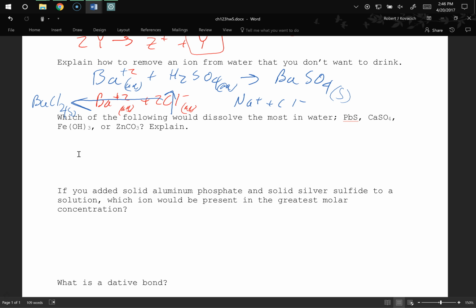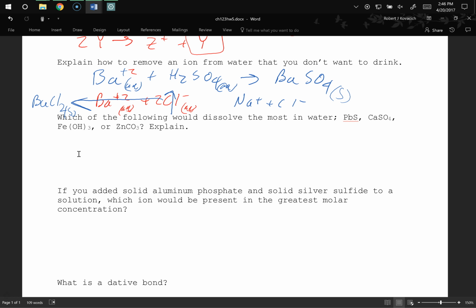Which of the following dissolves the most in water? So, to answer this question, what do you need? You need to know what the KSPs are. So, which one of these has the largest, albeit small, KSP?